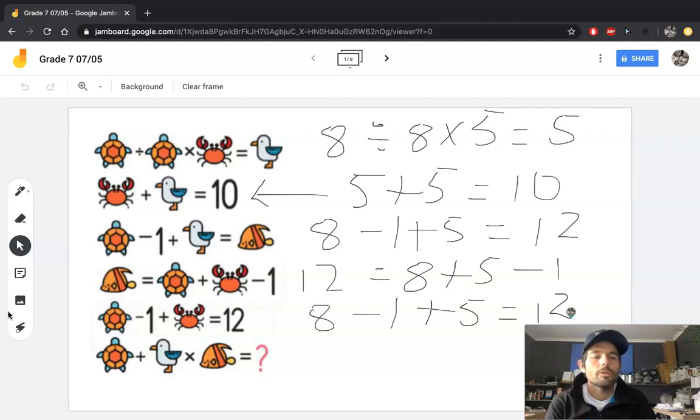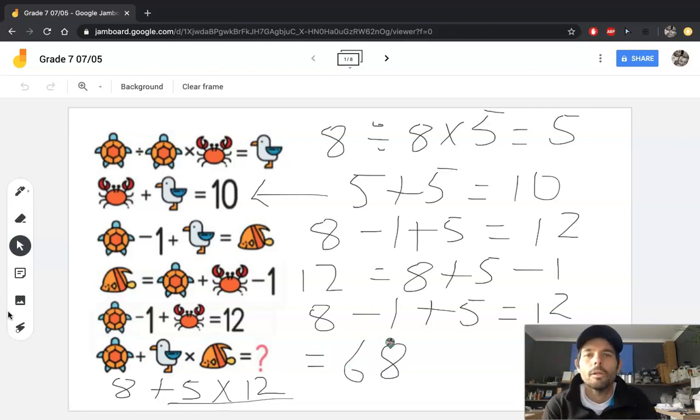And then for your question mark at the bottom, 8 plus 5 times 12, and by now we should know that we do multiply first, and 5 times 12 is 60, plus the 8 is equal to 68. Okay, so well done if you worked through that, and if you had to start again a few times but you kept going and you got to the final answer of 68, that's a good effort.